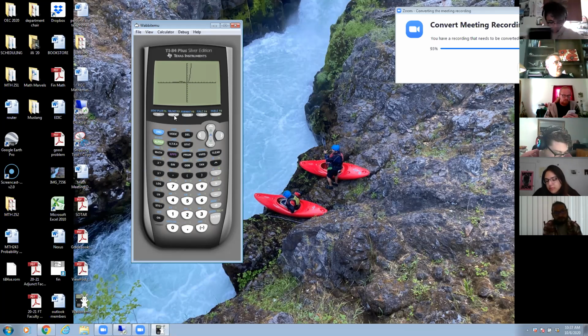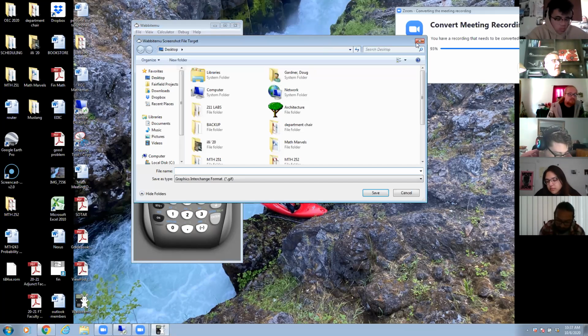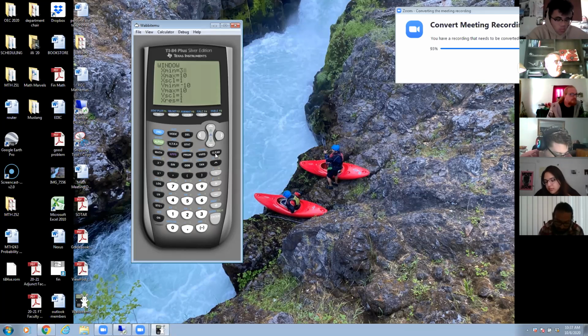So I'm going to go to window. For x minimum, I said I'm going to try -3, except the negative didn't pop out. I keep forgetting I can't hit my screen. This is so backwards to me. -3. There we go. And for x max, I said let's make it 1.